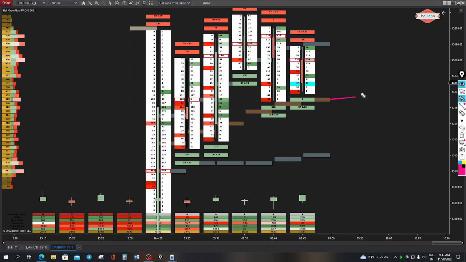If it closes below this, I will close my position and wait for an opportunity again. But today there is no decisiveness in the candle whatsoever.